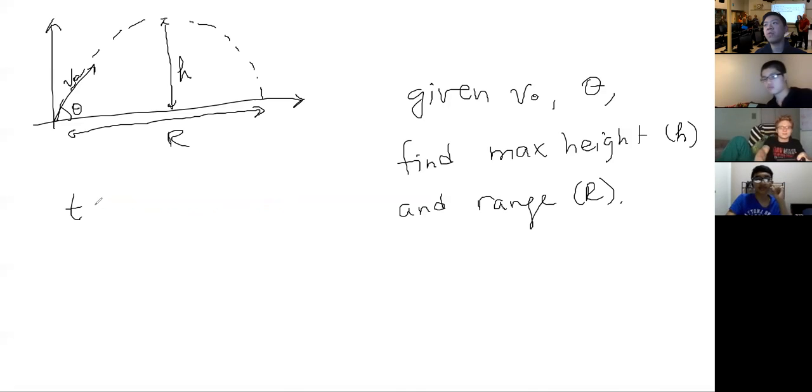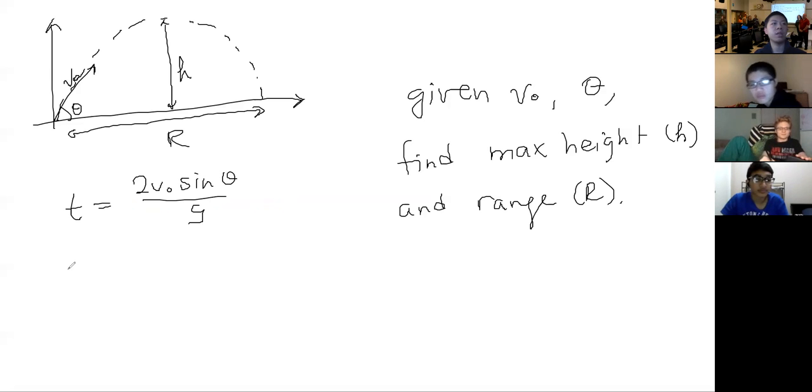So from the last slide we have that T equals 2 v naught sine theta over g. So T over 2 is equal to v naught sine theta over g.